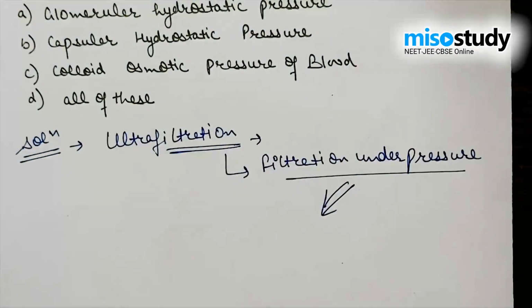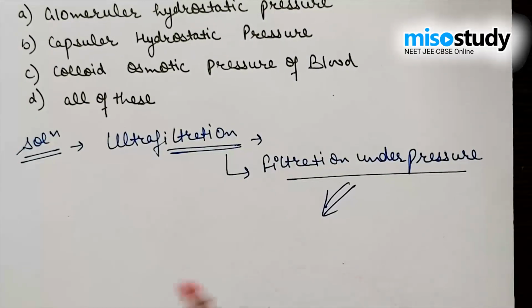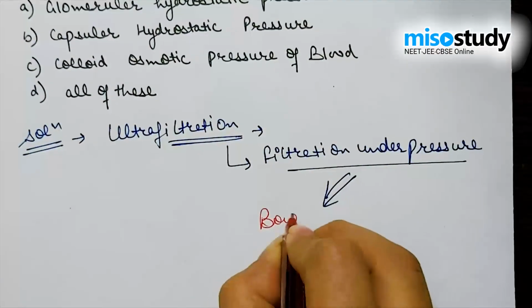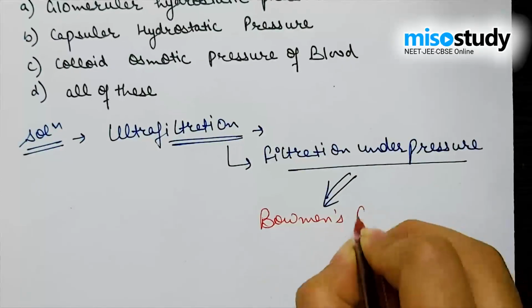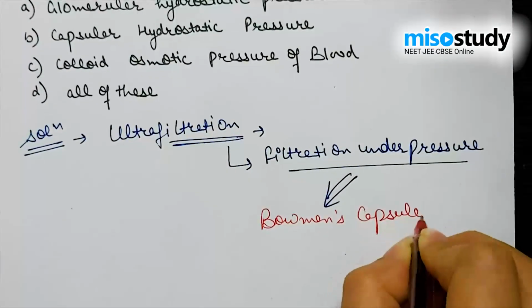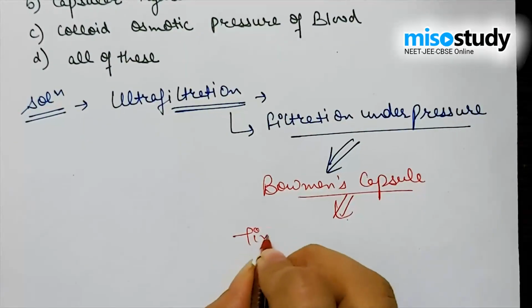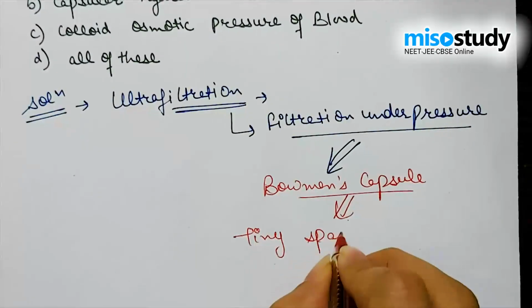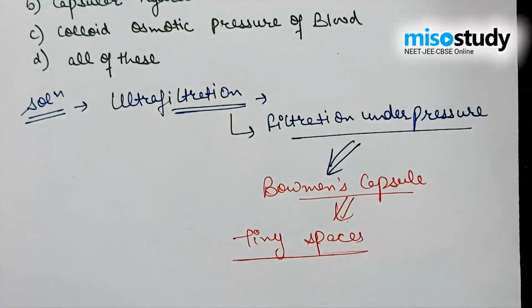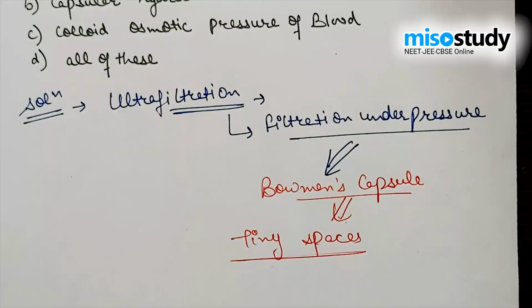It generally occurs in the Bowman's capsule through the tiny spaces amongst the cells.